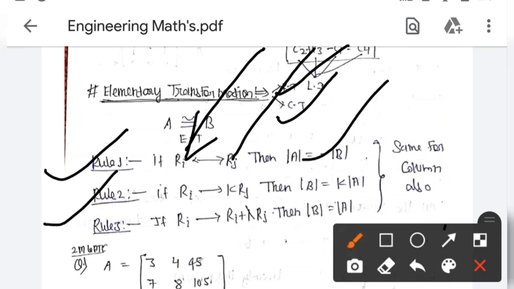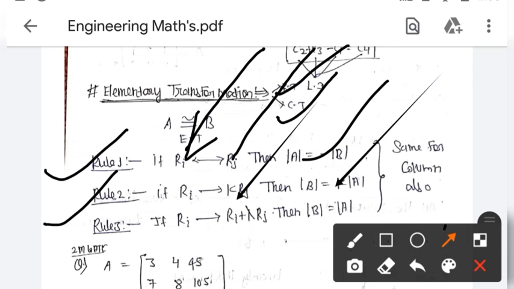Rule number 2 says that if the ith row is a scalar multiple of the jth row, then the determinant of the matrix will become scalar multiple k into determinant of matrix A.